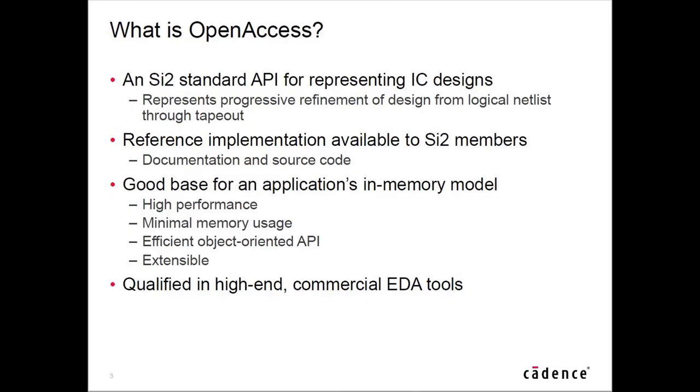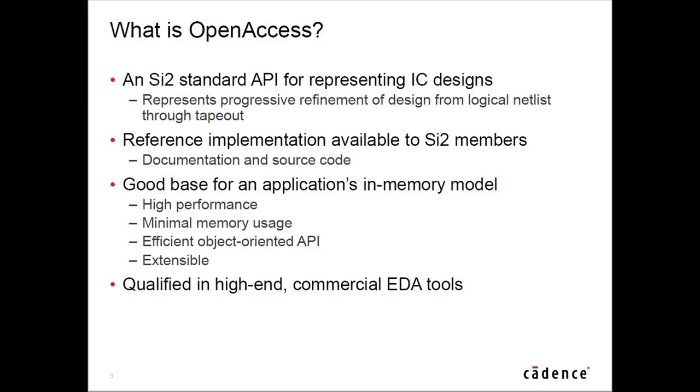So open access is an SI2 standard API that's used to represent IC design, from logical net through tape-out. There is a reference implementation available to SI2 and OAC members, including both documentation and source code. And open access can provide a very good basis for an application's in-memory data model.